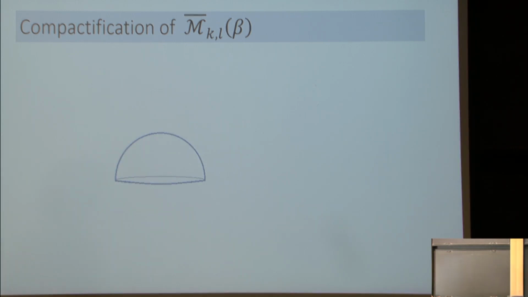Now here it might happen near the boundary, in which case the limit nodal curve is two disks with an identified point at the boundary. This is in addition to the situation where we had spheres bubbling off in the closed theory.